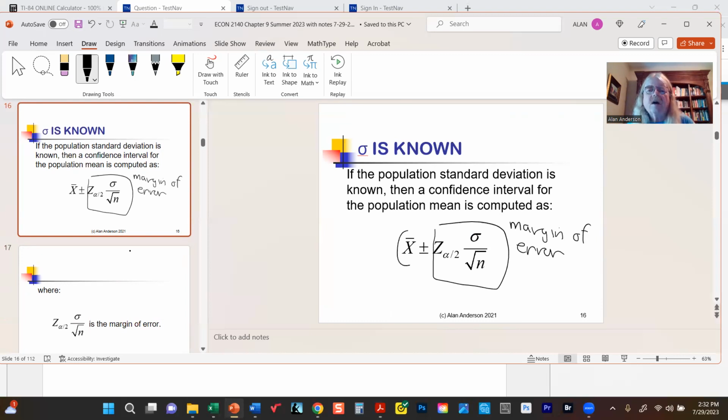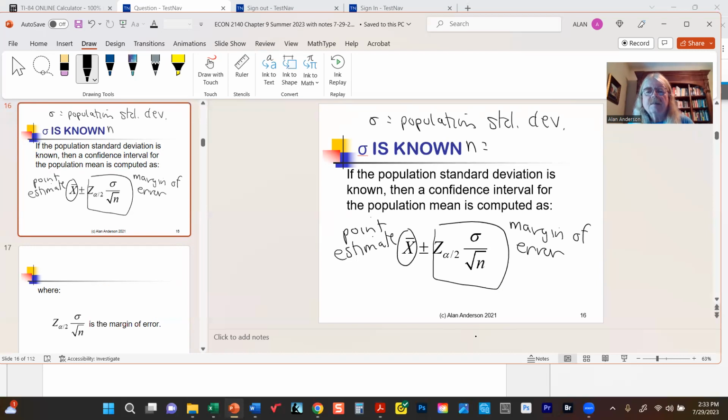And of course, X bar, we know what that is. That's our point estimate, whatever that number is. And that's our margin of error. Now, you already know what sigma is. Sigma, of course, is the population standard deviation. n is, of course, the sample size.